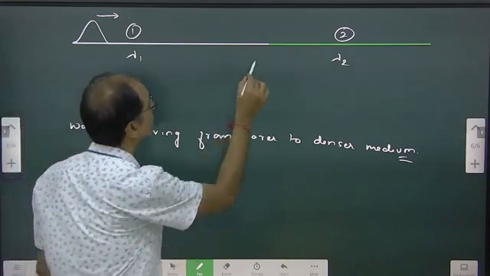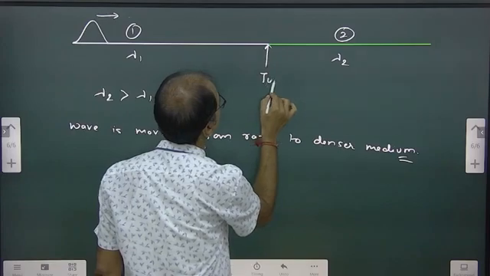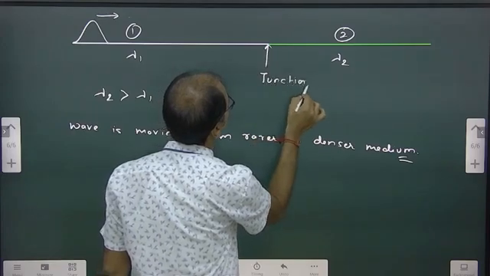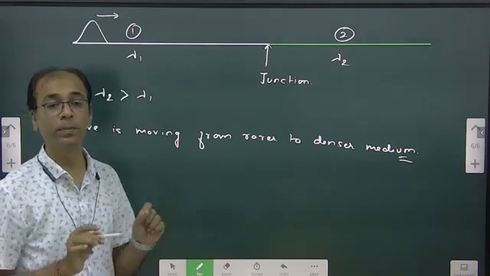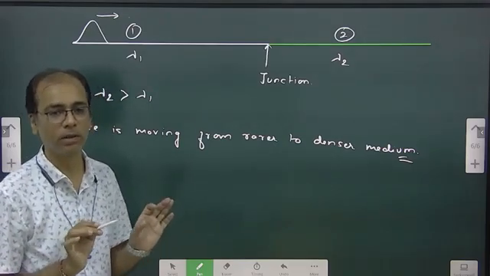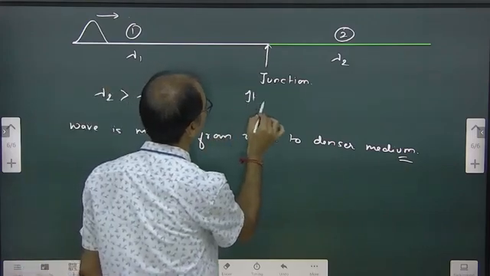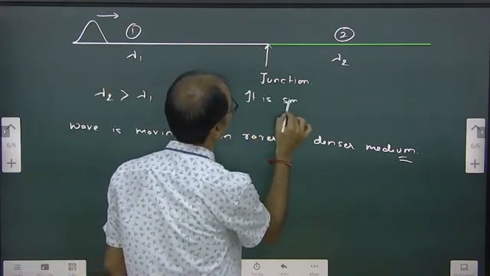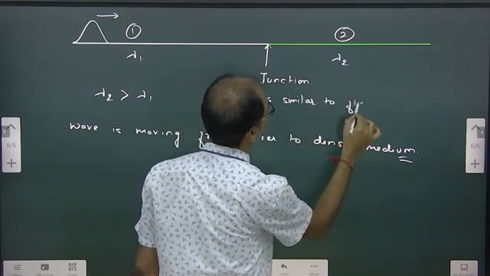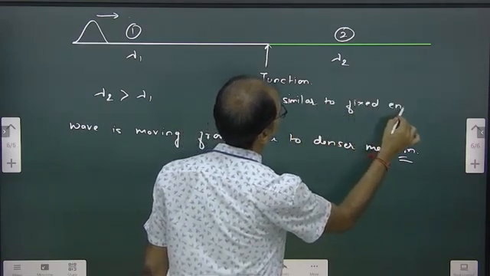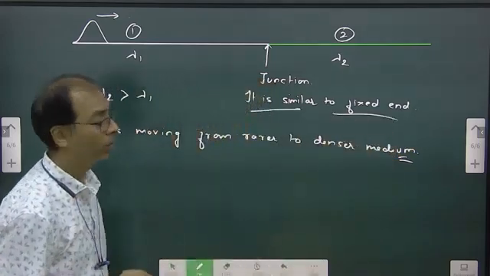Then this junction is going to act like a fixed end. It will be similar to a fixed end, not exactly a fixed end. What is going to happen?